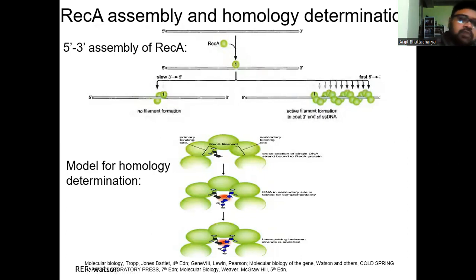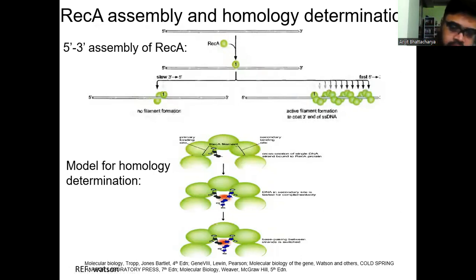Then identification of homology, there are different mechanisms that have been hypothesized by several groups. RecA can bind a DNA, and there is one primary binding site for RecA, and there is another secondary binding site for DNA. The DNA that binds at the secondary binding site is tested for complementarity with the DNA that is bound to the primary binding site.